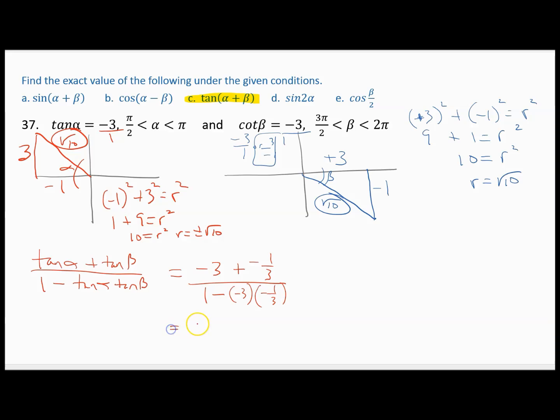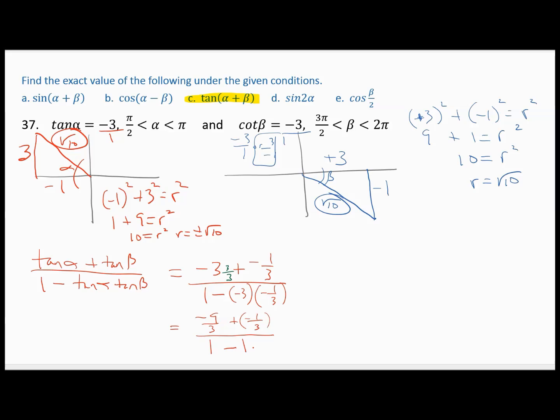And we need to just simplify this. Now, I need to add these two fractions together, so I need a common denominator, which is 3, so I got to multiply this guy by my unity fraction, 3 over 3. Okay, so it's going to give me negative 9 thirds plus a negative 1/3 divided by, now here the 3's cancel, and you've got a negative times a negative times a negative, which is a negative, so you're going to have 1 minus 1.